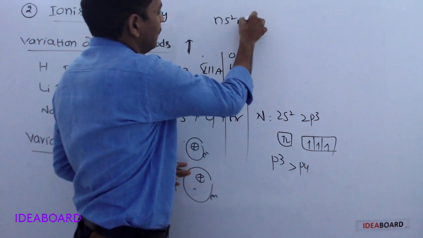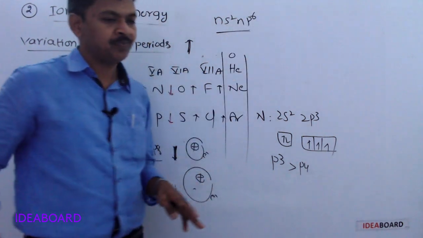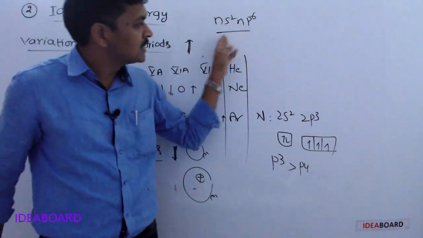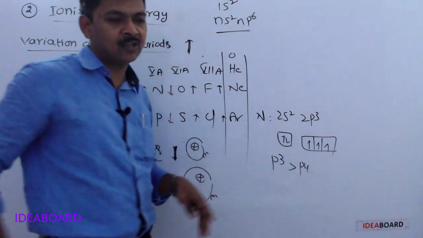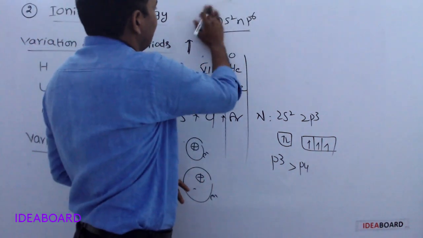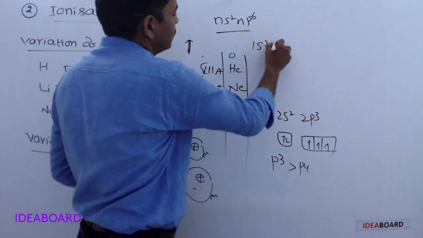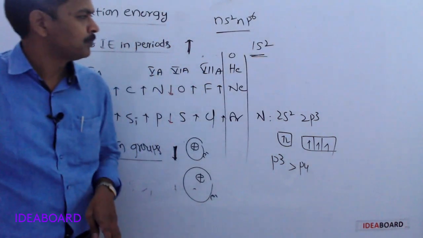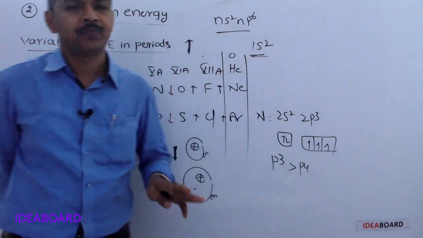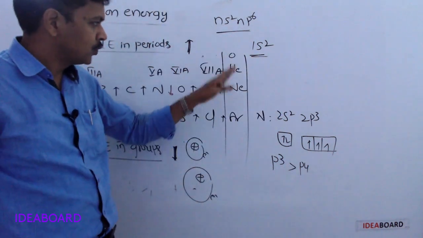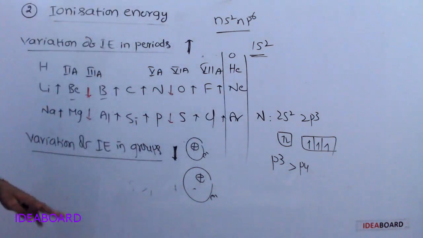Zero group elements have ns2np6 configuration, which is stable. For helium, the electronic configuration is 1s2, which is also stable. That's why zero group elements have the highest IP value in the periodic table.